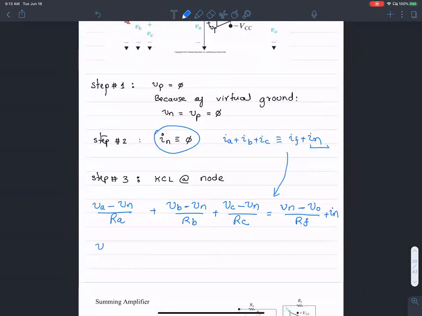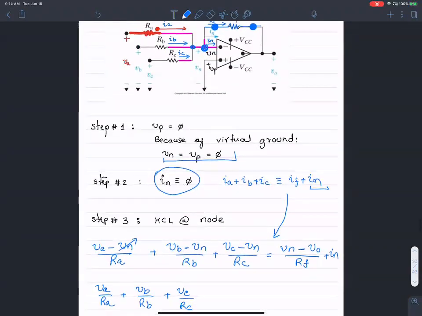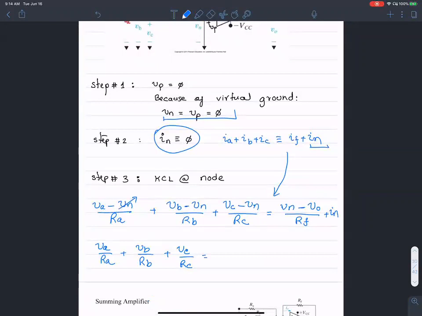I'm going to write VA over RA, plus VB over RB, plus VC over RC, since VN is 0 because that's the virtual ground. Currents entering equal the currents leaving. VN is 0 again, negative VO over RF, plus IN is 0. That's the idea.